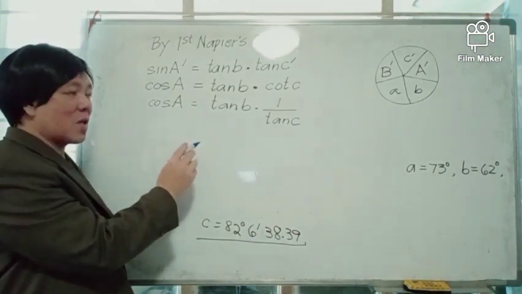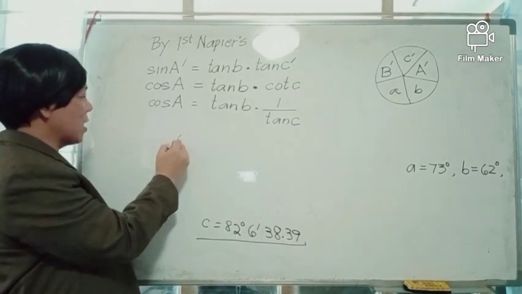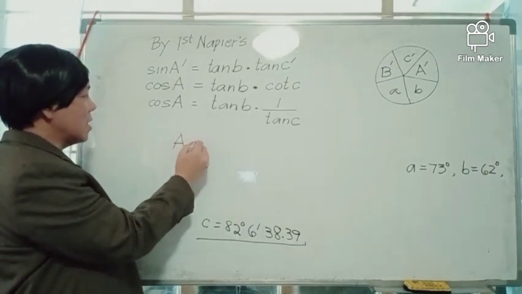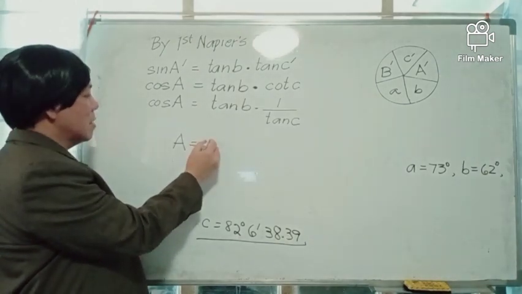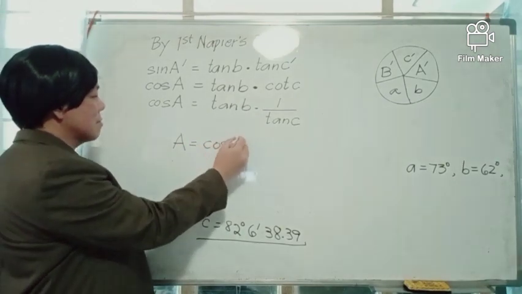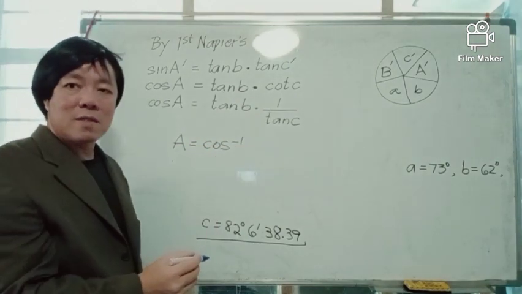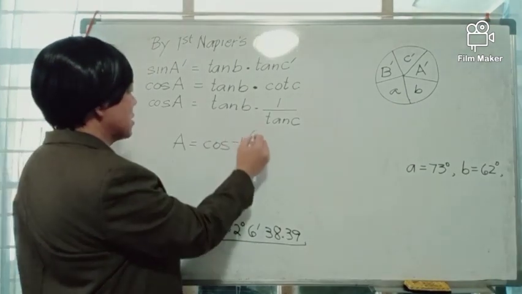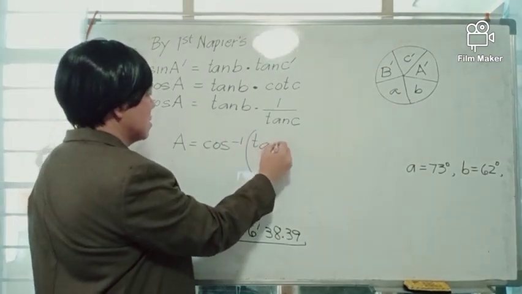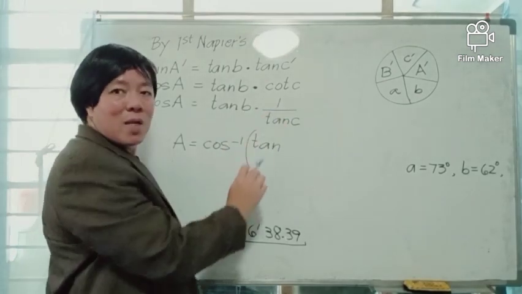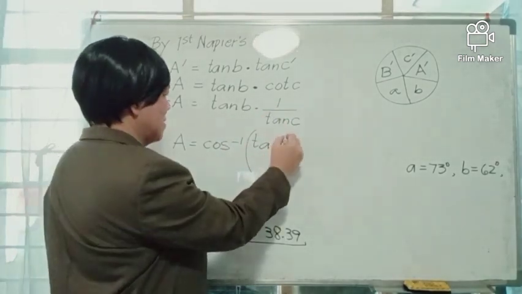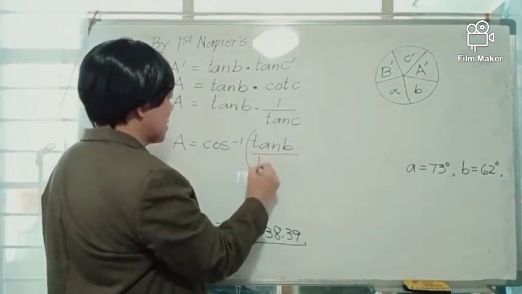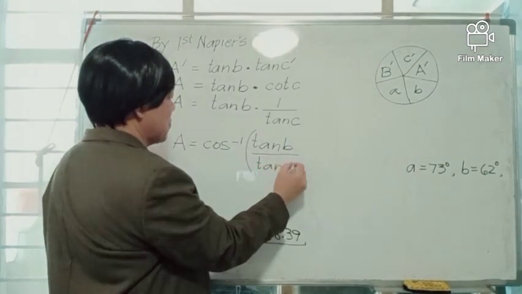And from this equation, we can now solve for A. Angle A equals shift cosine or arc cosine of tangent of B. Tangent B multiplied by 1 is tangent B. Divide by tangent of small c.